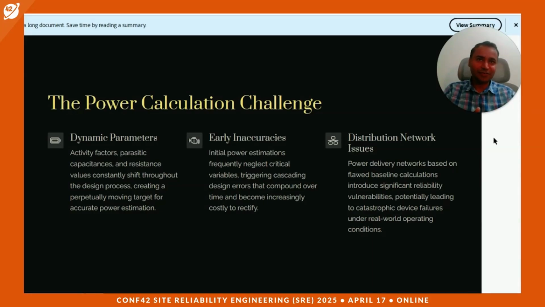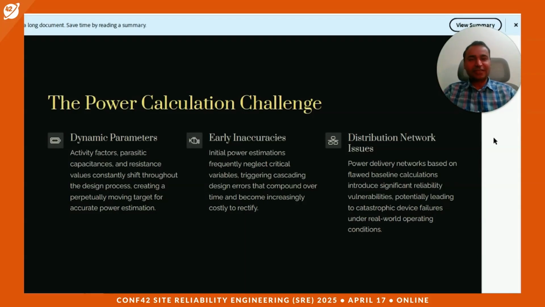It's the inaccuracies when we calculate the power. A lot of the parameters we need for power calculations are dynamically changing in the day-to-day chip design process, or they keep changing as the chip process progresses. If we look at any holistic chip design process, we can divide it into multiple sub-portions: architecture, RTL, physical design, and then the finals.